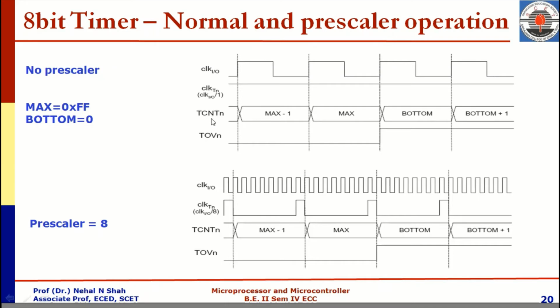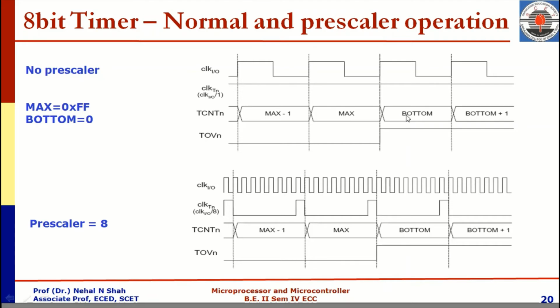TCNT register is counting in the upward direction and it is reaching up to max value. Whenever it reaches the max value, timer overflow flag will be set and the timer will start again from the bottom. In other words, after reaching the max value, it will start from 0.